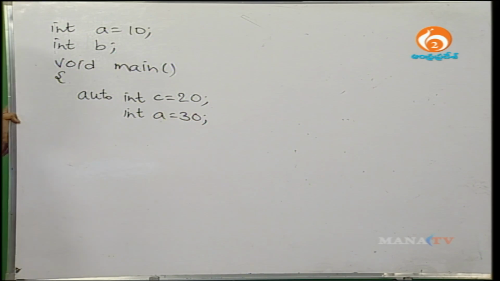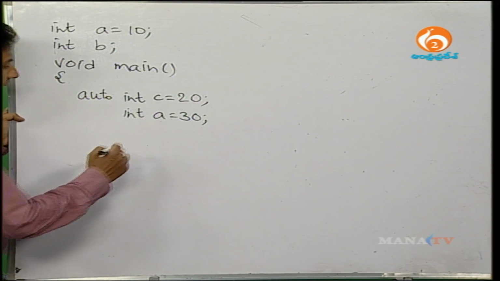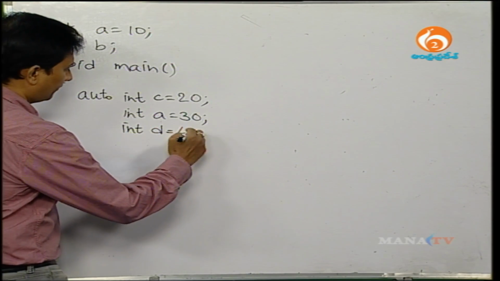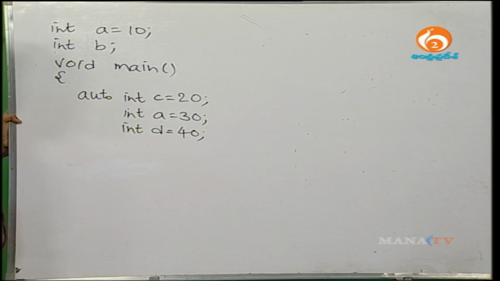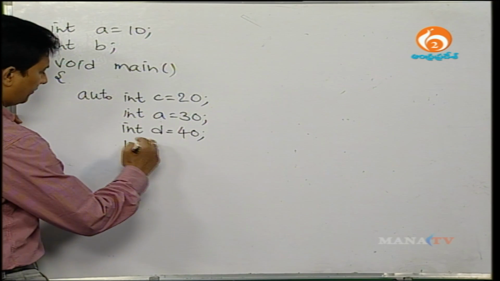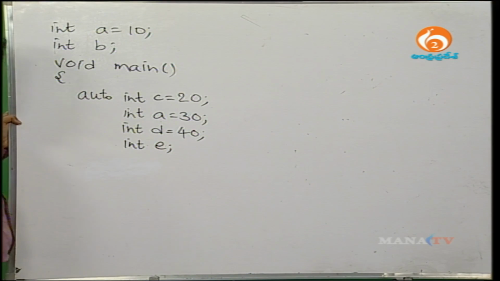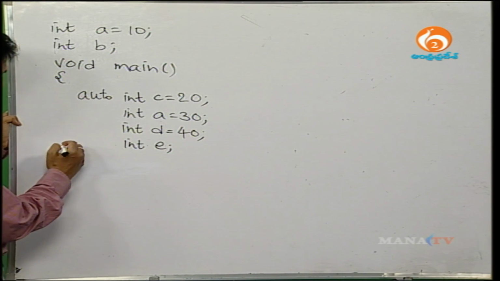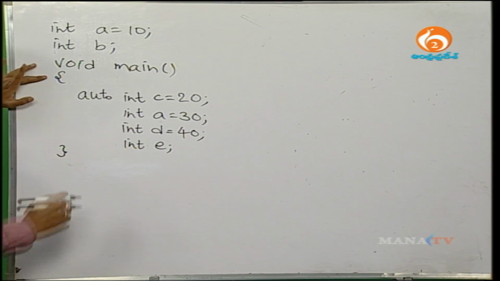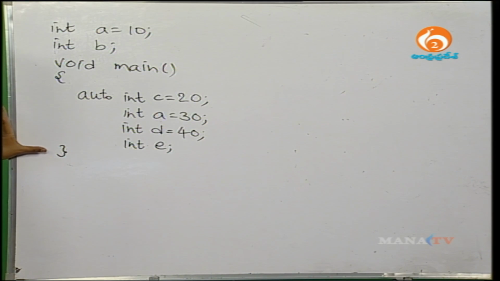Look at the program carefully. Next, int d equal to 40. Next, int e. Next, I am closing this one. This is the opening brace, this is the closing brace.